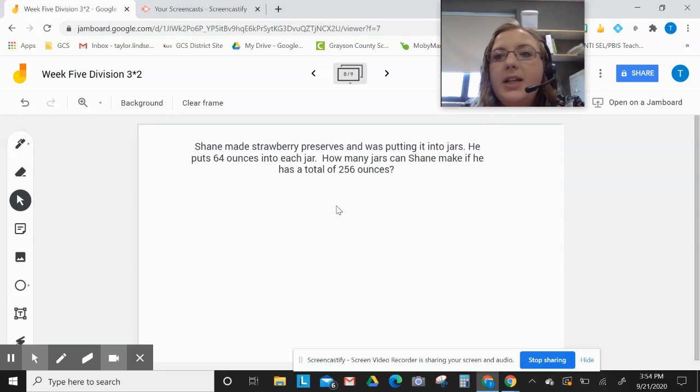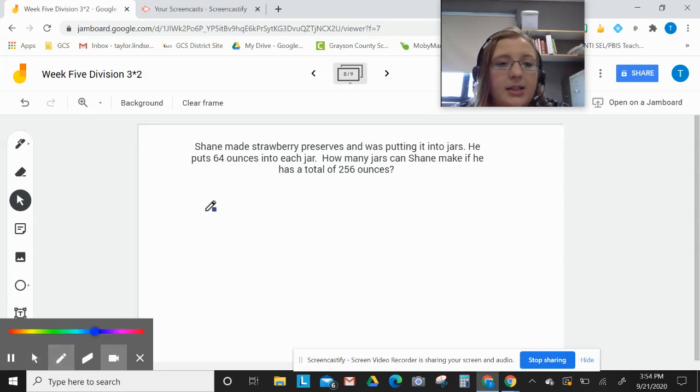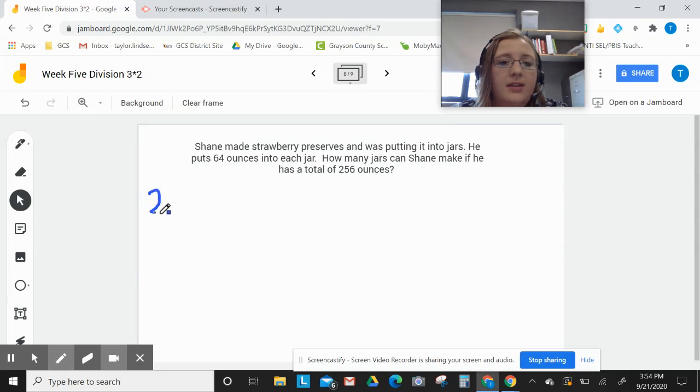Okay, so we know the total number of preserves is 256 ounces. Now we need to take those ounces that we have all together and divide them into jars. But we don't know how many jars because we have 64 ounces in each jar. So we're going to have to divide. I need to know how many groups. So I have the total of 256, which is my dividend.